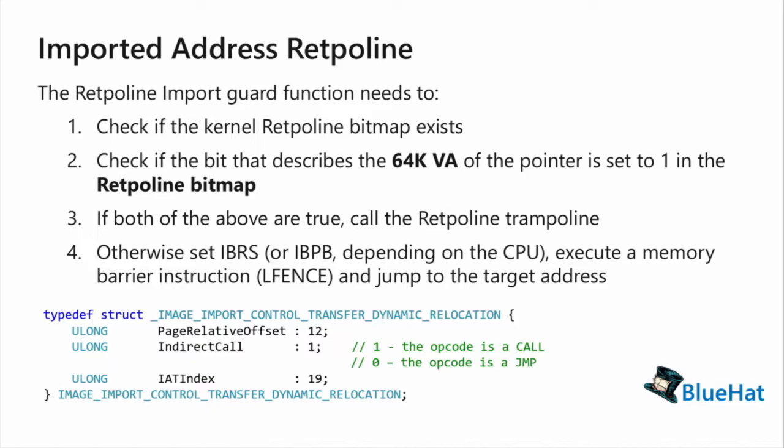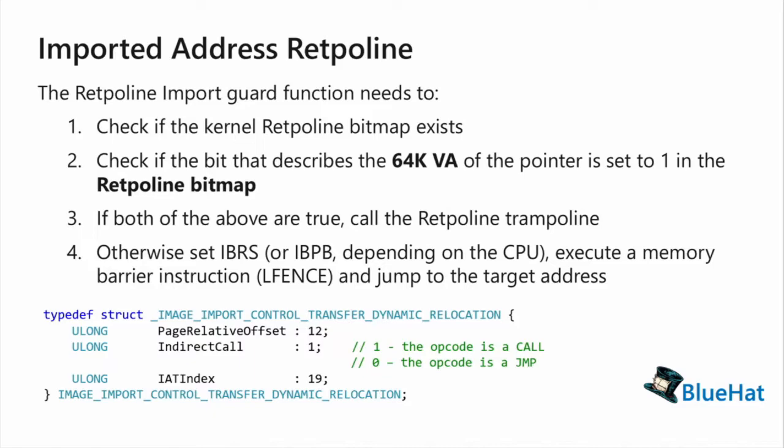So we call the Retpoline function and then jump directly to the target. Otherwise, if one of the two conditions is not true, we set the IBRS or IBPB depending on the CPU architecture, execute a speculation barrier instruction, and then jump to the target address. In that way, we are sure that an attacker can't speculate on this, because even though the target address is not Retpoline compatible, we run with IBRS set to 1.